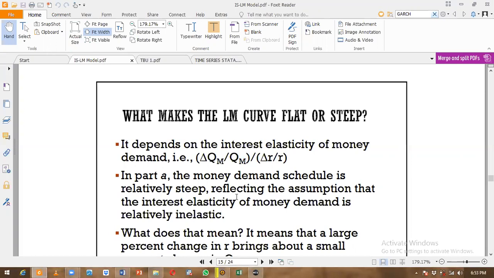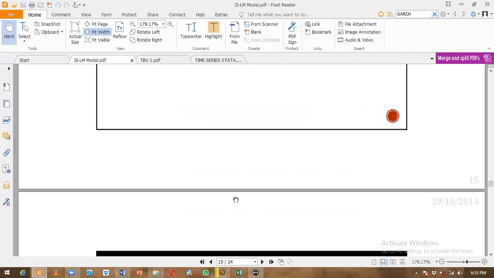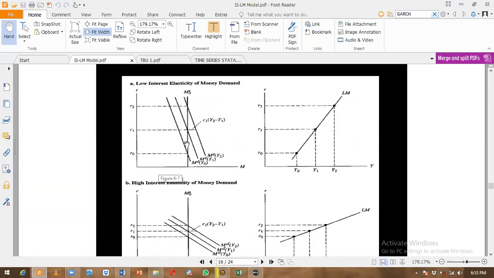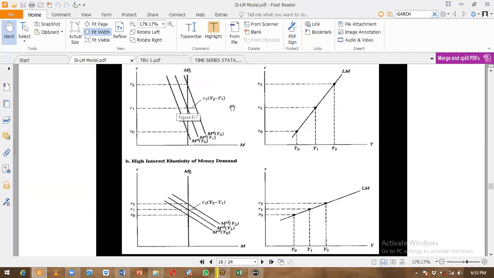Now, I've stated that when money demand is interest inelastic, it makes the curve steeper. Let's look at this diagram here. We'll go back again. When you compare this money demand curve and this one, you can see the first one is steeper than the second one.